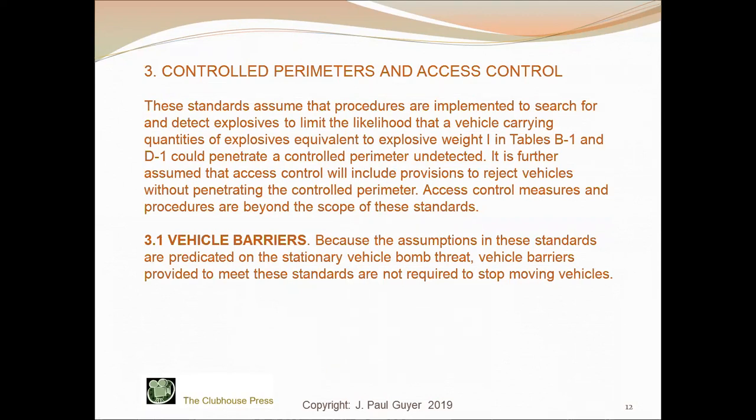In other words, you do not allow people or vehicles to come within a certain distance of the facility without passing through a checkpoint, where they can be checked to see if the vehicle or the person has an explosive. And so the concept of controlled perimeters and access control are fundamental to the discussion we're having here today.